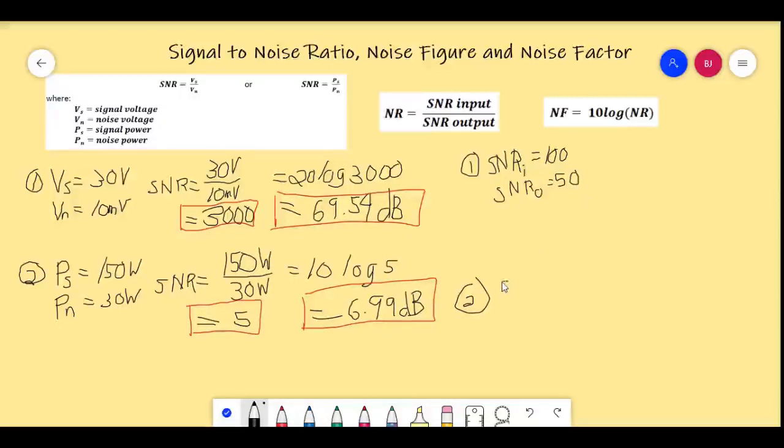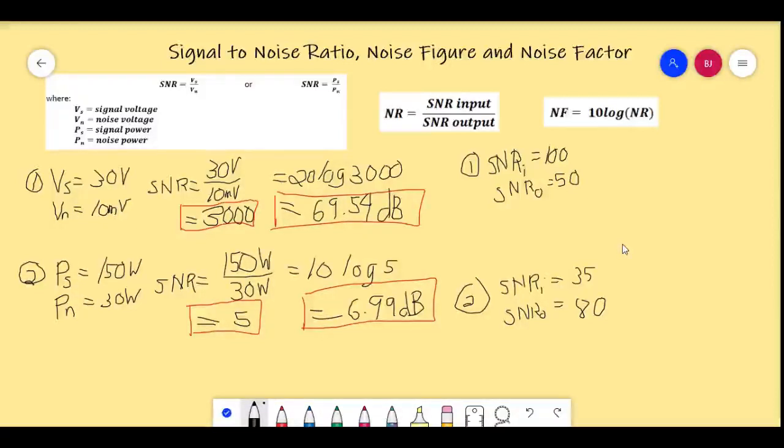And for our second example, let's say we have a signal to noise ratio of the input, which is around 35, and a signal to noise ratio on the output, which is 80. So for the first example, the input signal to noise ratio is higher than the output.